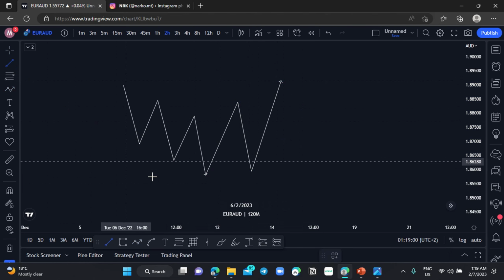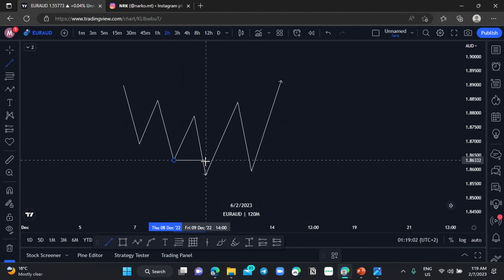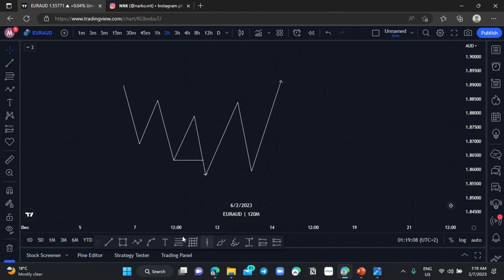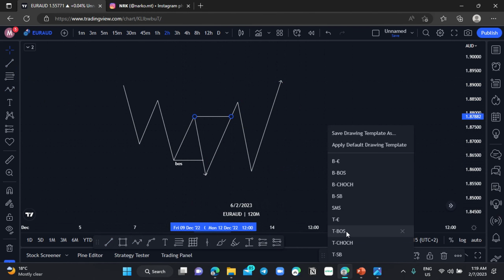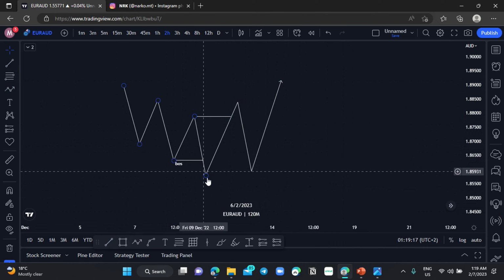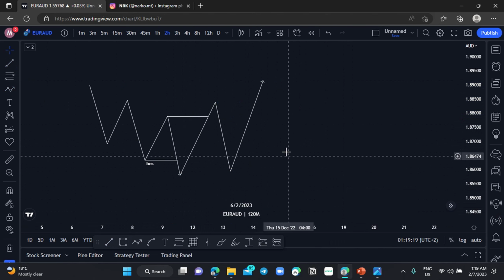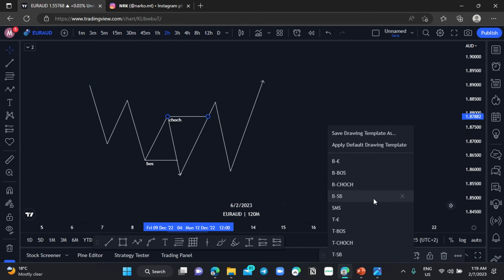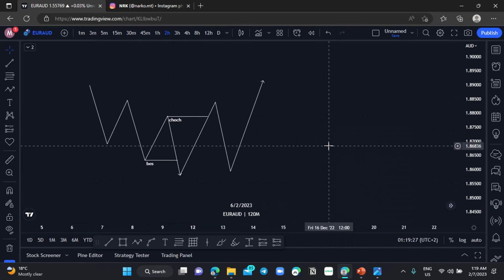Okay, so here we'll have a break of structure. We'll have this break of structure here, and here we'll have this change of character. So what do we know about the change of character? We know that when we are in a bearish trend and our lower high gets violated, there could be a change of trend.